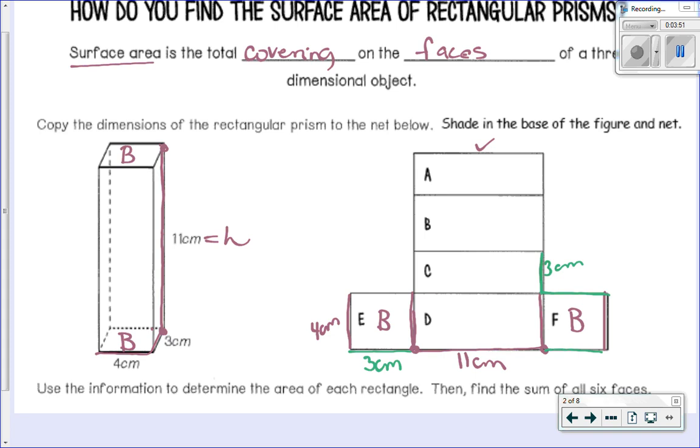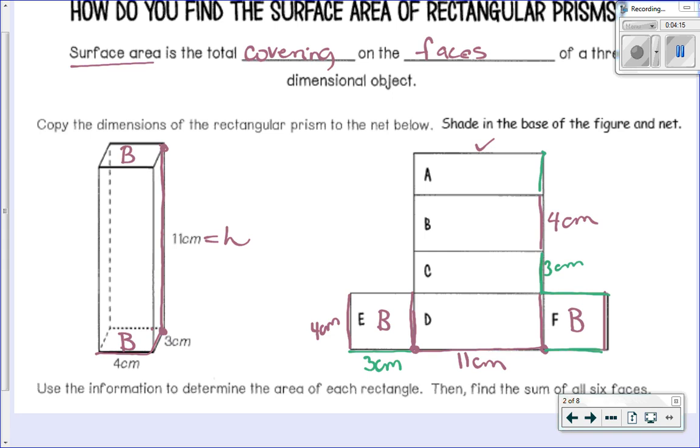So what is this? That's also going to be 4 centimeters. Are we good? Okay, so we're kind of folding it and it's wrapping around. So this is going to be 3 centimeters. You got it, because it's kind of here and here is 3 centimeters. Try to color code so we can see.